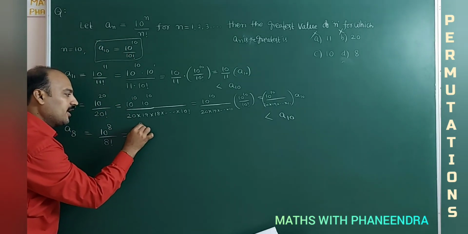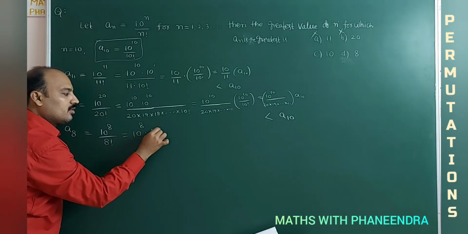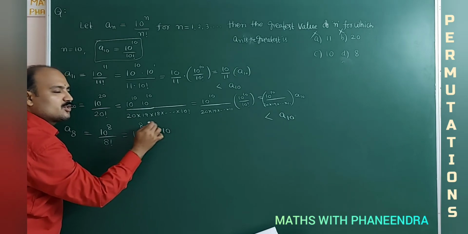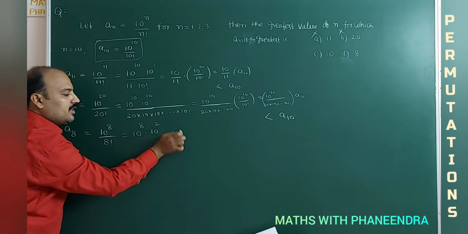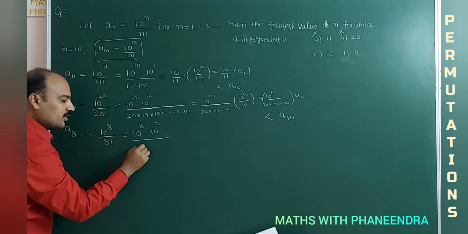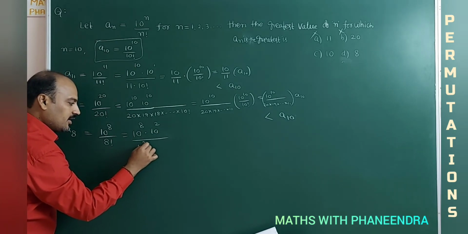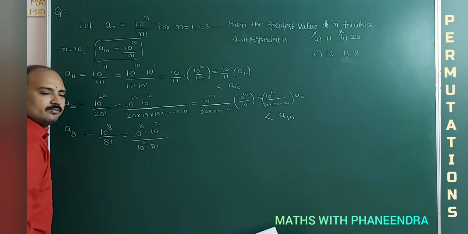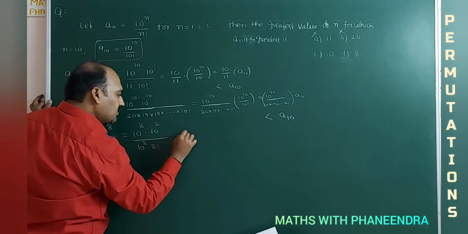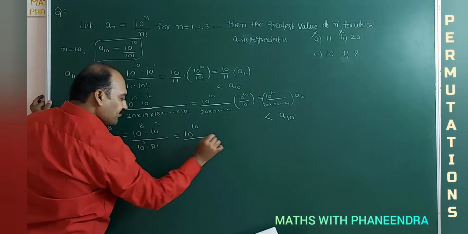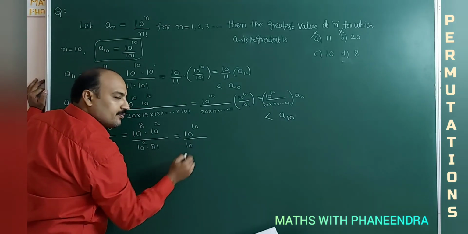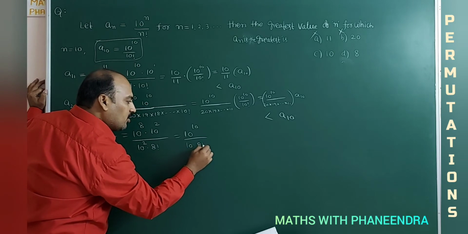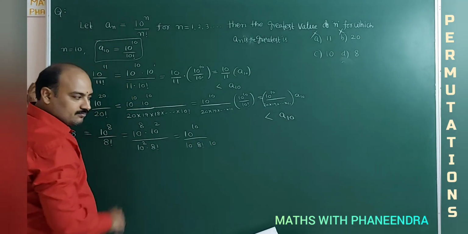So multiplying by 10 square and dividing by 10 square: 10 power 8 into 10 square gives 10 power 10, with the base equal and powers added. Here the 10 square can be written as 10 into another 10, with 8 factorial.